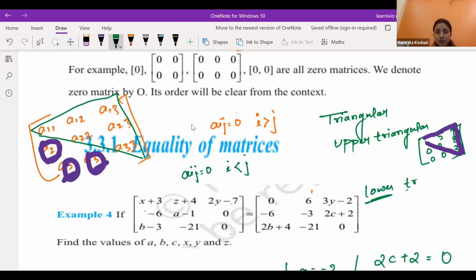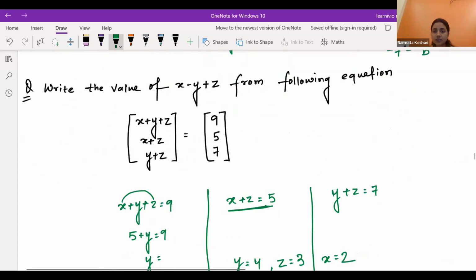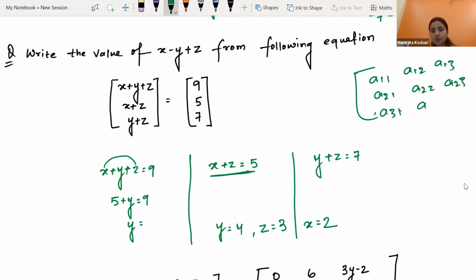So if I again take this structure, a11, a12, a13, a21, a22, a23, a31, a32, a33, wherever i is smaller than j, can you see it? Anything else where i is smaller than j, Ibrahim? No. 0, 0, 0. And it has taken the shape of a triangle.